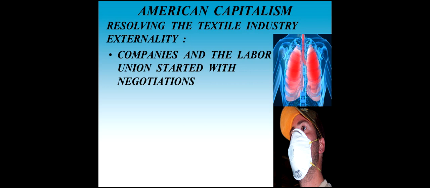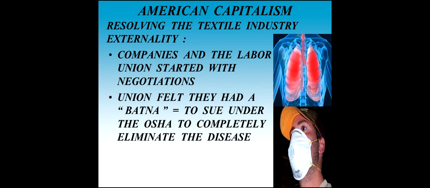However, the workers through the labor union felt that they had a BATNA, a legitimate BATNA, to sue the textile manufacturers under the Occupational Safety and Health Act in an effort to completely eliminate the disease.